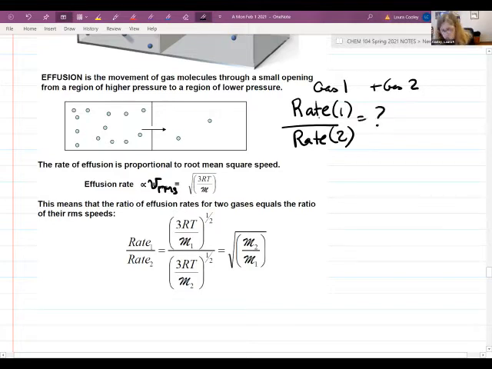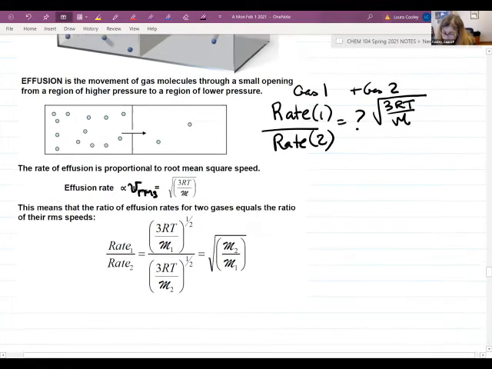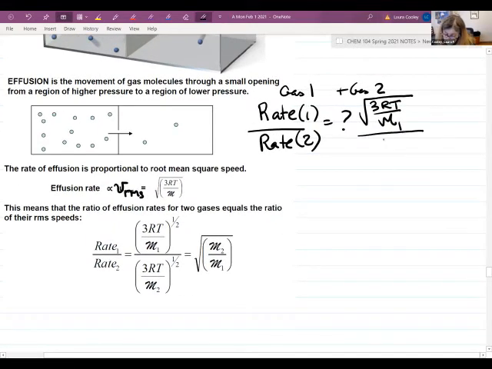Each of these rates is proportional to the square root of 3RT over the molar mass. So this would be 3RT over M1, and this would be 3RT over M2.